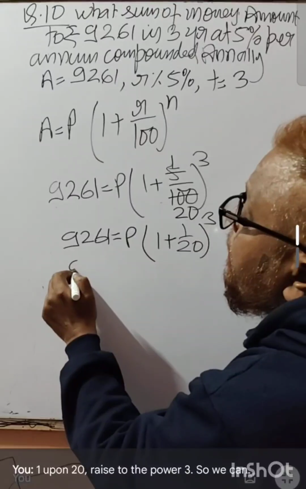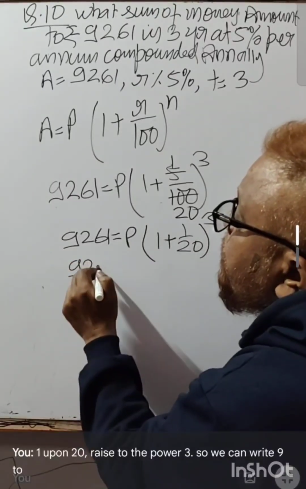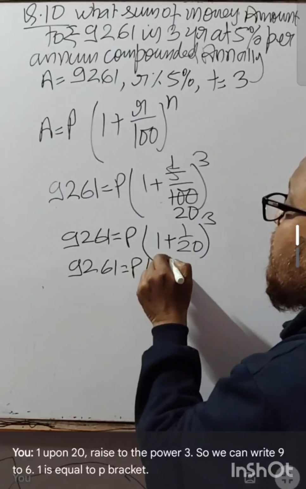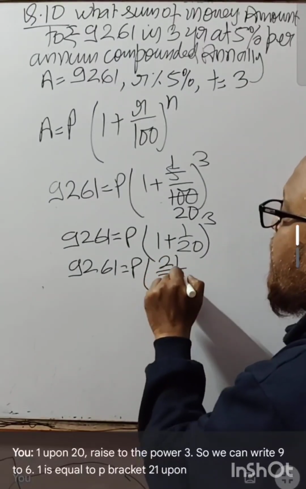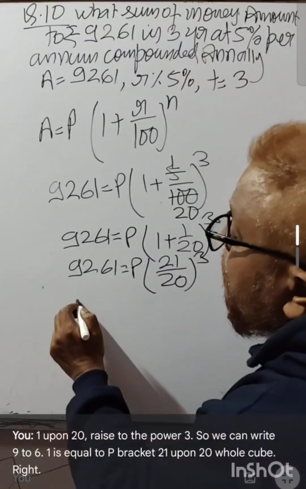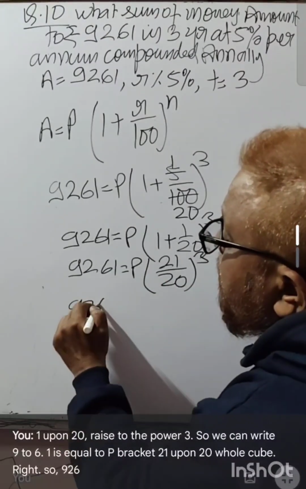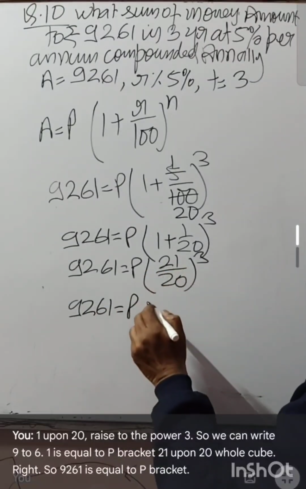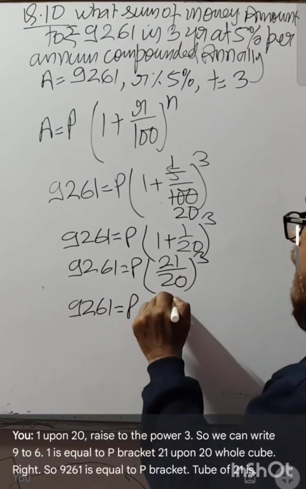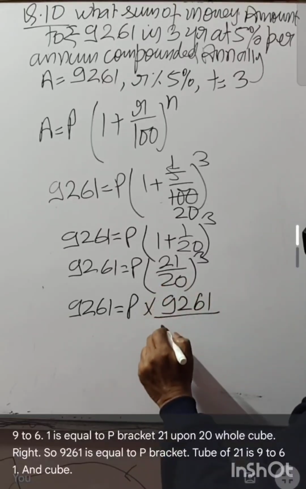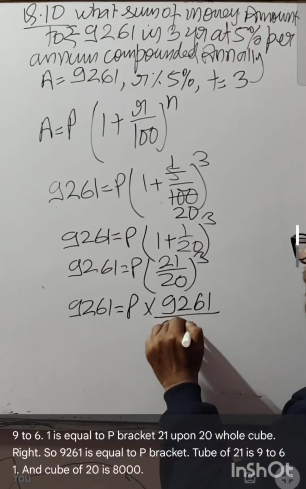So we can write 9,261 is equal to P bracket 21 upon 20 whole cube. Right? So cube of 21 is 9,261 and cube of 20 is 8,000.